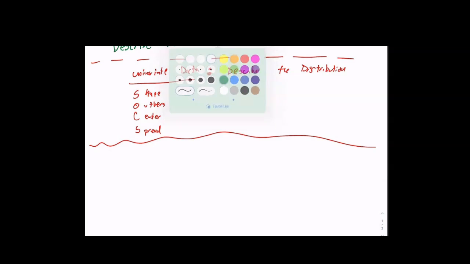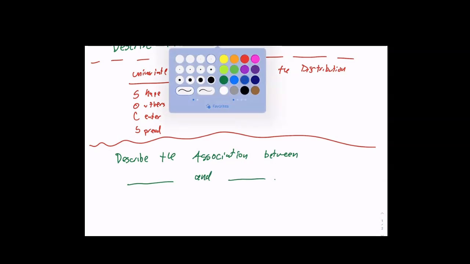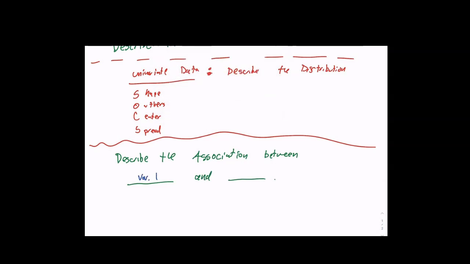For our material, you might see: describe the association between blank and blank, where this is our first variable, which I'll note as variable 1, and variable 2.